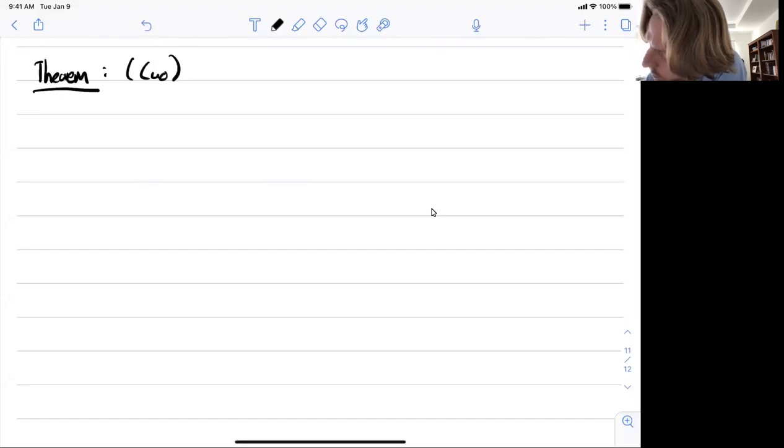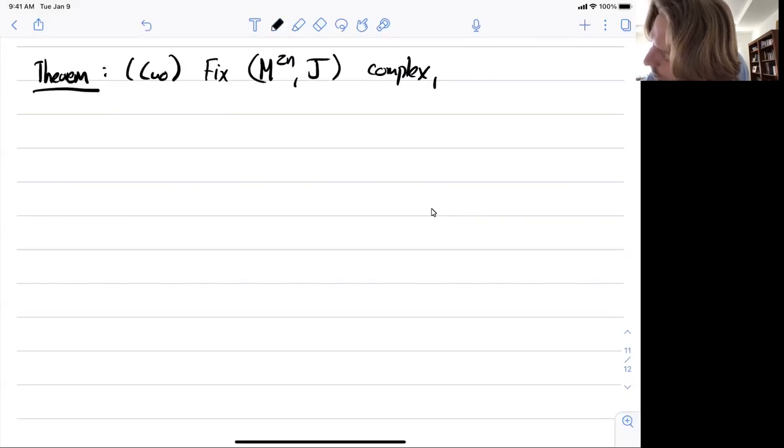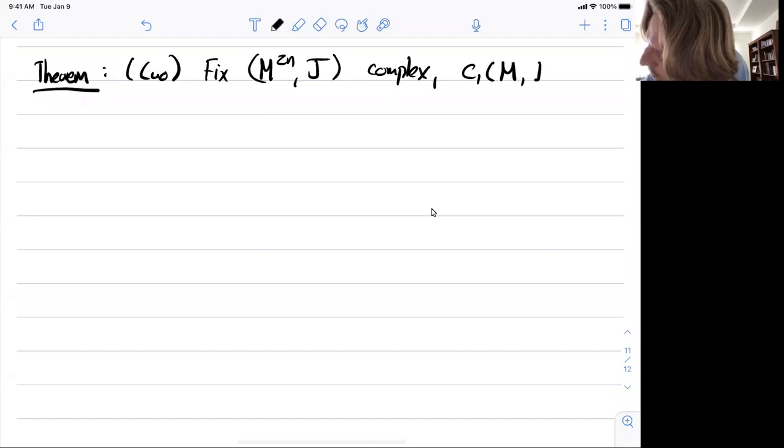So the theorem of Zhao is, we fix M^{2n}, a complex manifold, and G naught some Kähler metric. And the key hypothesis, where we're only going to prove part of what he proved: the first Chern class of this complex manifold is 0.